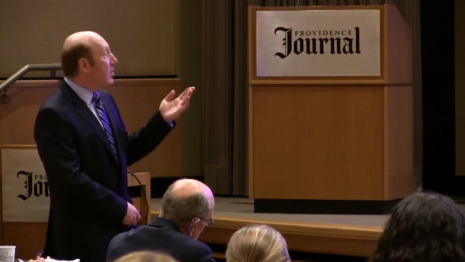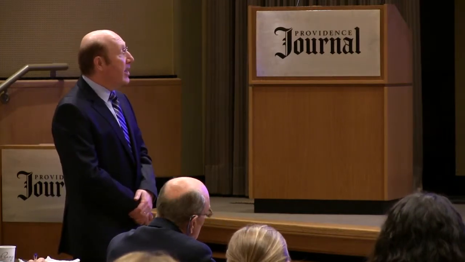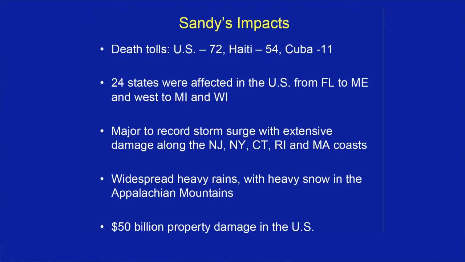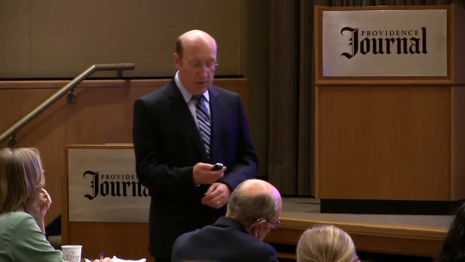There was major record storm surge along the coastlines in New York, New Jersey, Connecticut, Rhode Island, and Massachusetts, and widespread heavy rains, well inland. For the first time, the Hurricane Center actually predicted snowfall in the Appalachian Mountains in West Virginia. It's estimated about $50 billion of damage.